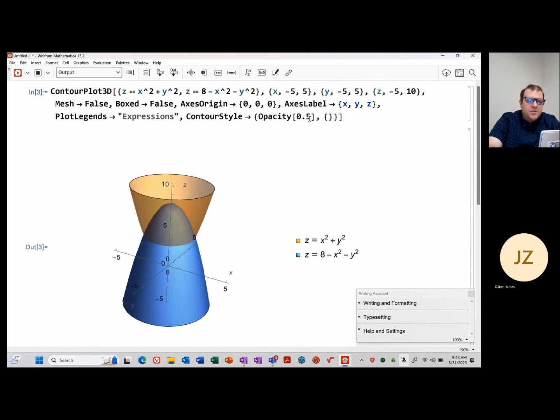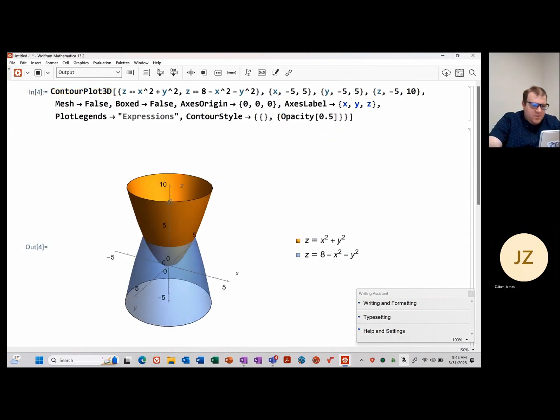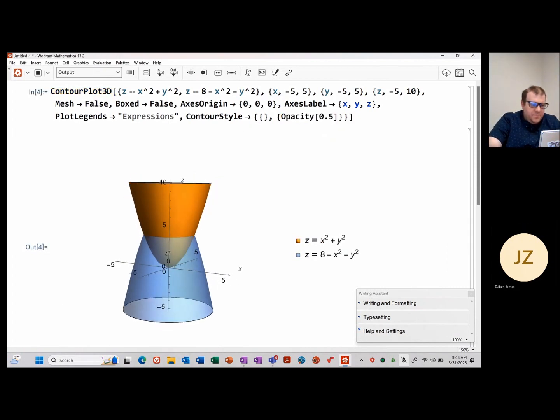Nope, it has to be the blue one. Of course it does. Right, so it's what's inside the blue, the orange that's inside the blue. That's what we're looking for. That's our solid.